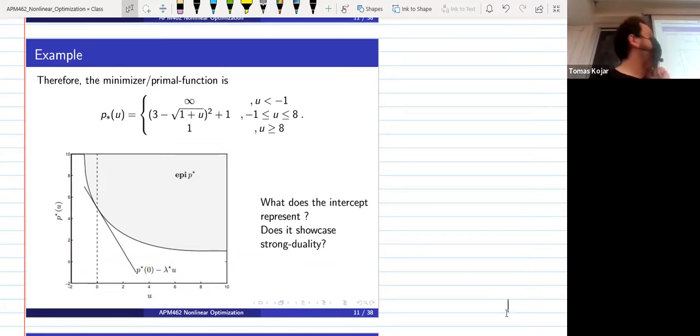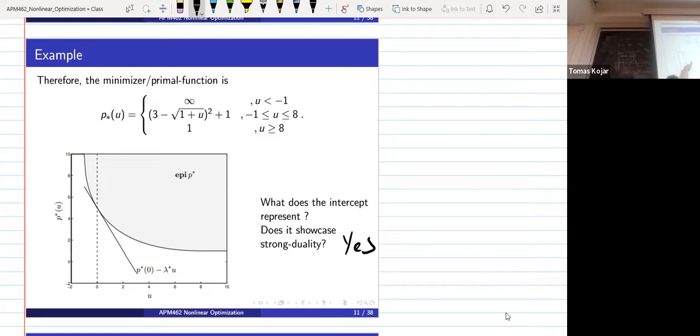And locally, you have a local convexity, like we talked before, from the picture. So yes, you have strong duality because locally it's convex. You can come in from below with a dual, and this is the dual maximizer.